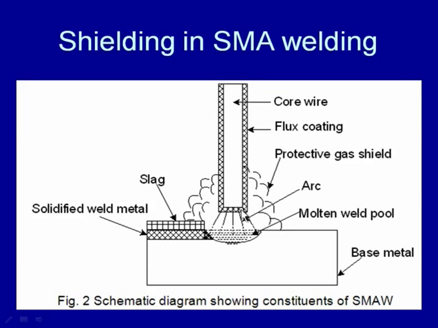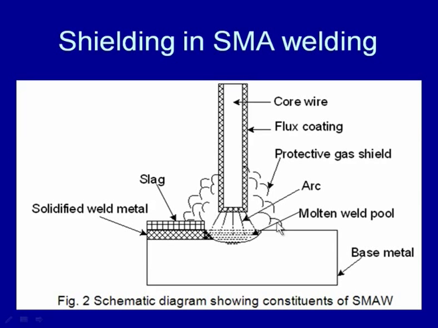Under the effect of the heat generated by the arc, this coating material is decomposed, and when the hydrocarbons decompose, they generate a lot of inactive gases like carbon dioxide and other oxides. These gases form a cover around the arc and the weld pool, and that is how they protect the weld pool and the arc from the atmospheric gases.